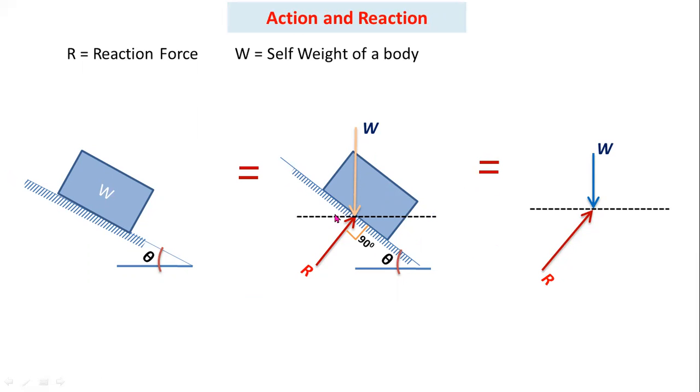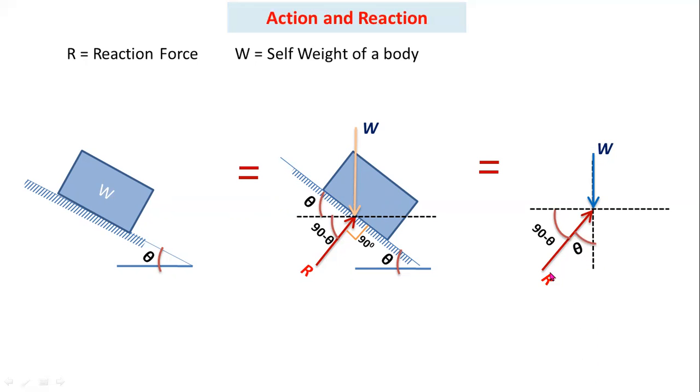Here this is a reference horizontal line. Now this reaction force makes an angle theta with respect to the vertical. Reaction force always makes an angle theta with respect to the vertical axis. This is the vertical reference line.